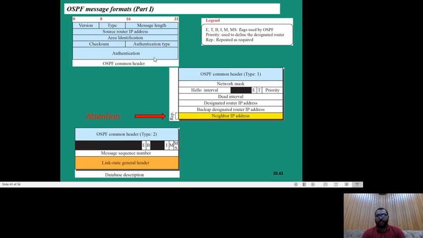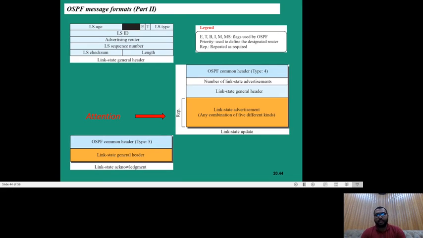You can see the color scheme, light blue. This will be common for all the 5 header types. The only difference will be the entries here, for example the neighbor IP address; the header is different for the second type, which carries information about routers, link information about networks, and similarly other networks.